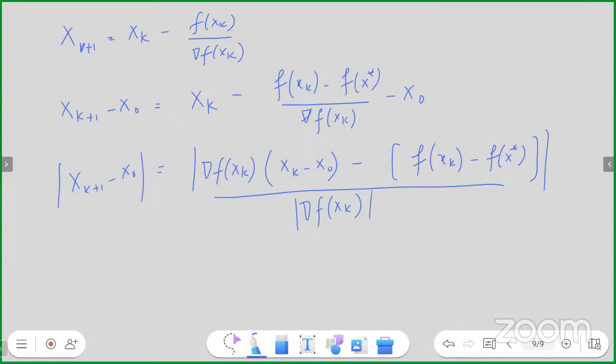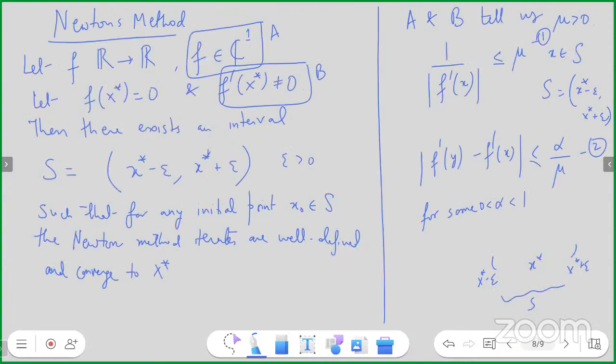Okay. Now you can use equations number 1 and 2 somehow. What have we derived for ourselves? This and this. So how can I use it?